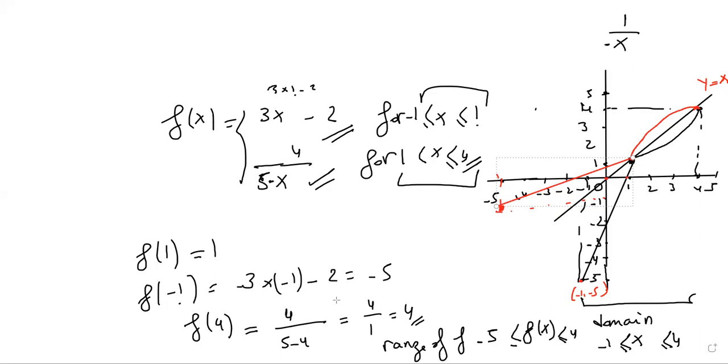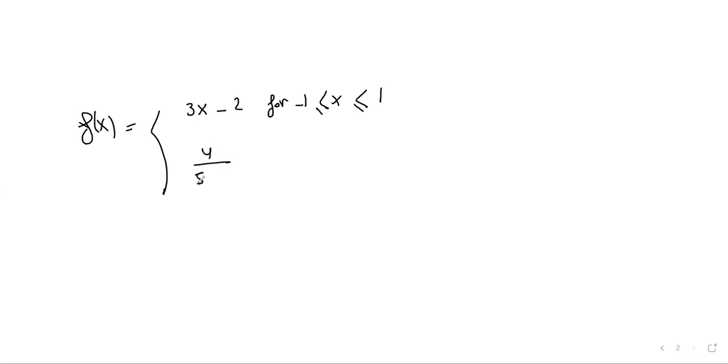Right, from the question, you need to understand that f negative 1 will be of the same type as f. So I know that f of x is given by two expressions: 3x minus 2 for x between negative 1 and 1, and it's equal to 4 over 5 minus x, for x between 1 and 4.